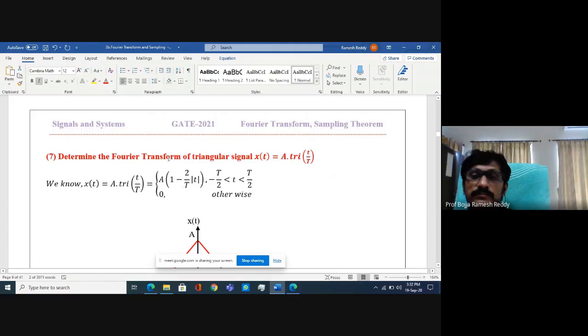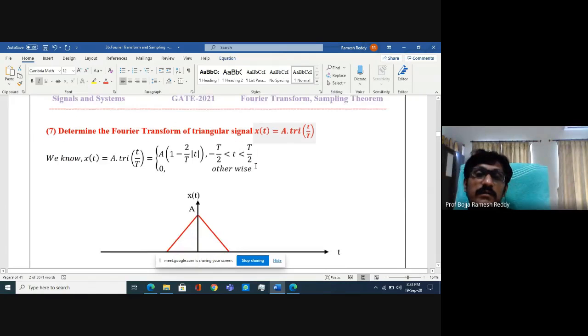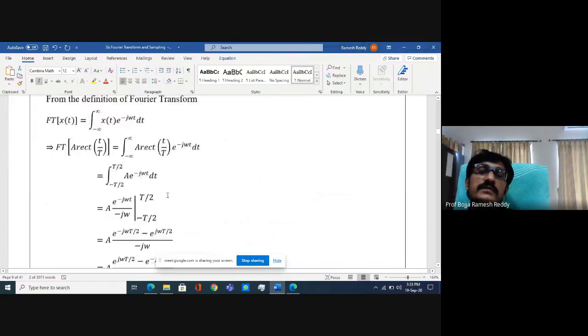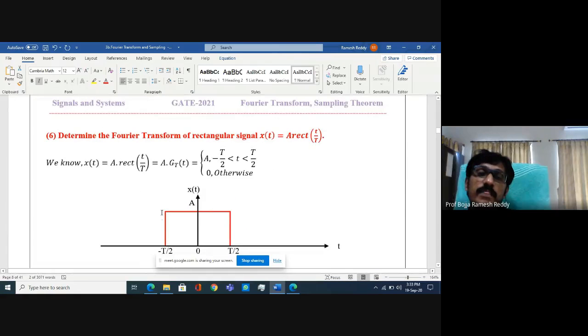Next, determine the Fourier transform of a triangular signal. How? Similar thing. The rectangular signal is this.